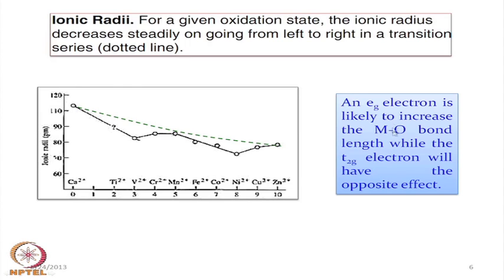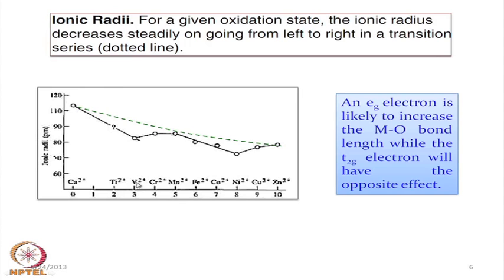The M will have its share as ionic radius and oxygen will have its share as anionic radius, because if we add up these two, then only we get the corresponding metal-oxygen bond length.